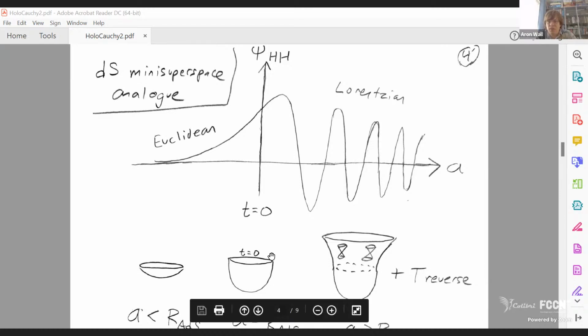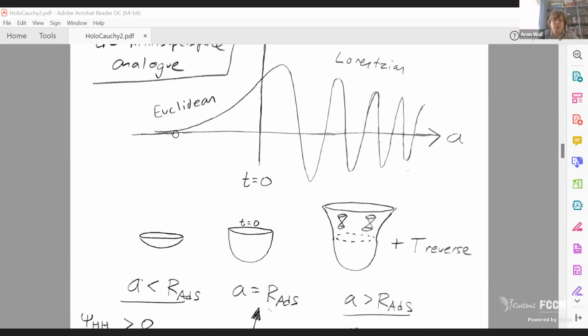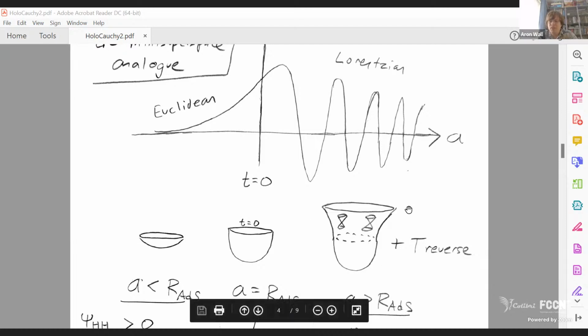So the critical sphere, the de Sitter radius. When your scale factor is smaller than that critical radius, your no-boundary saddle is Euclidean, and you get an exponential-looking thing for the wave function. If, however, you're on the other side of this critical boundary, your saddles become complex.